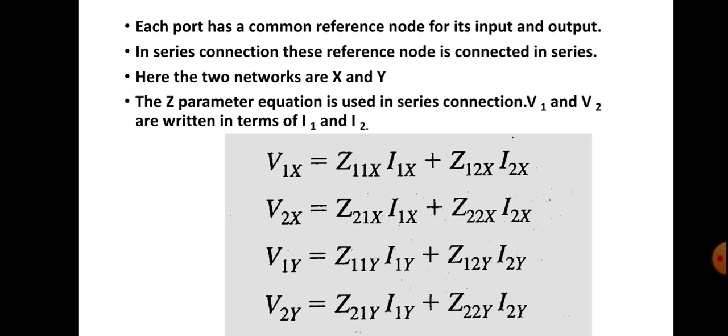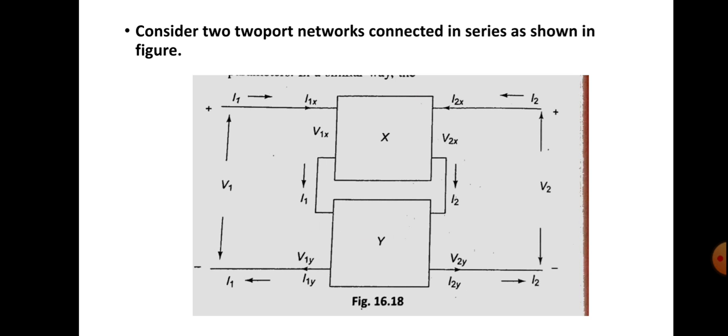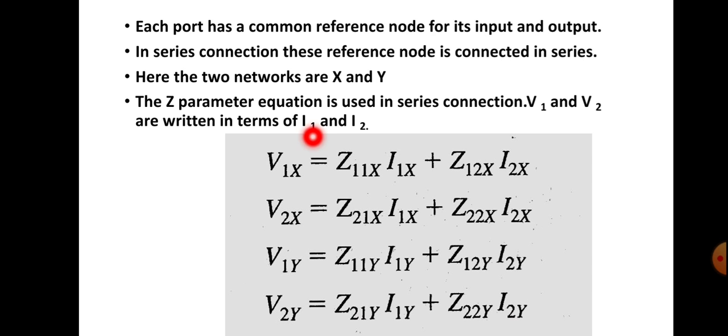In the case of impedance parameters we will be representing V1 and V2 in terms of I1 and I2. So here there are different components, such as X and Y components for voltages. So we have to write the individual equations. First we will write the V1 equation, then we will write the V2 equation. But here V1 has components X and Y, so we have to write the individual components like that.